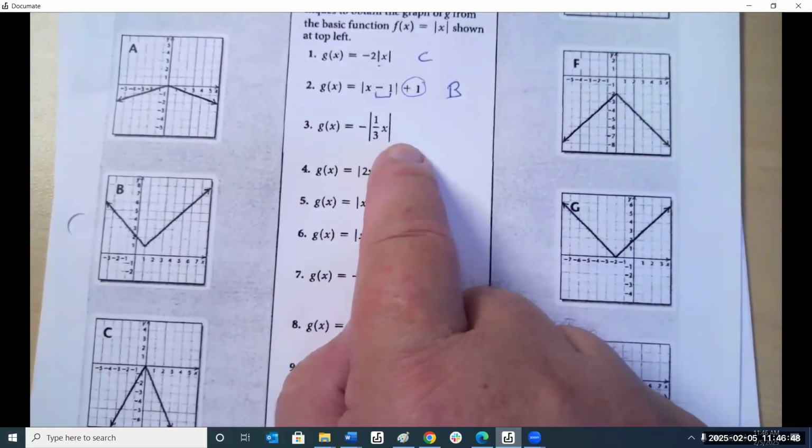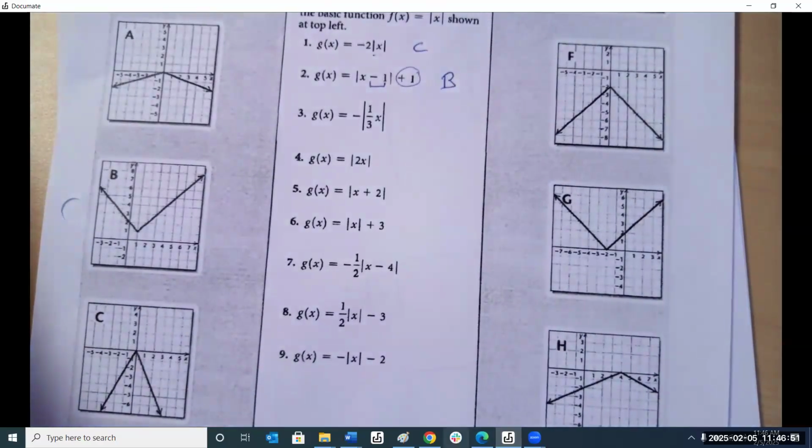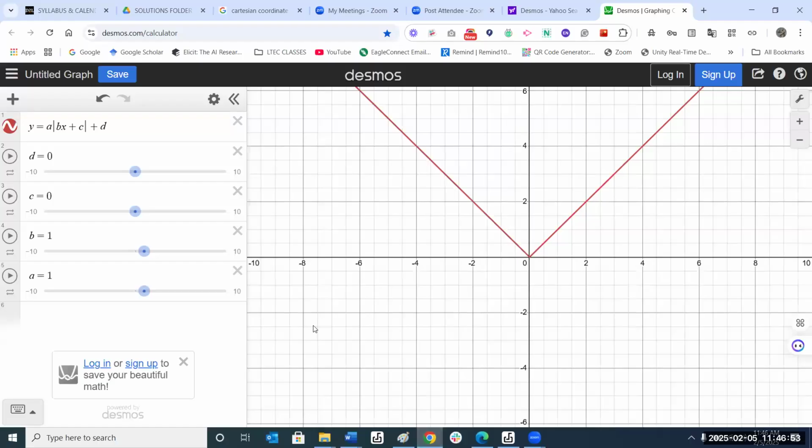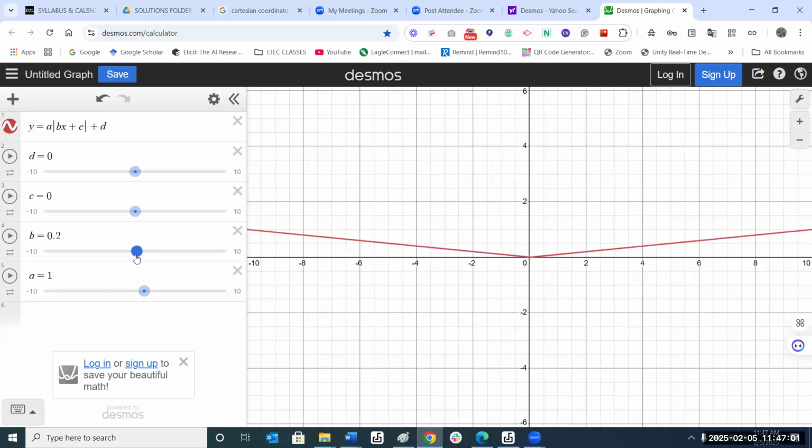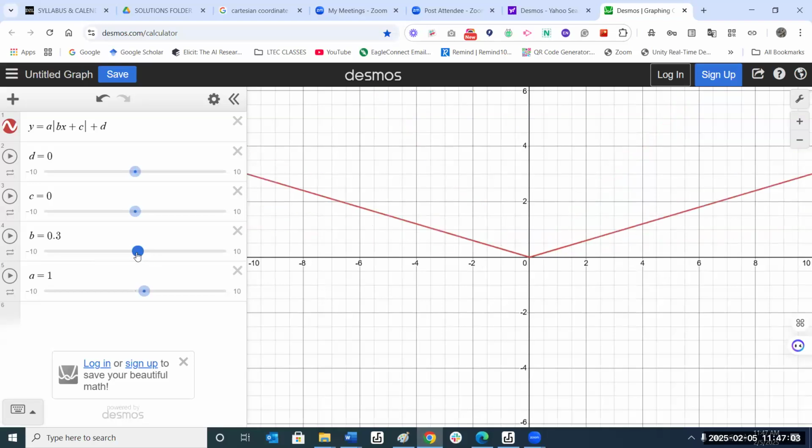What's D? 0. So let's go back to our graph. D is 0, C is 0, B is 1/3, and A is -1.